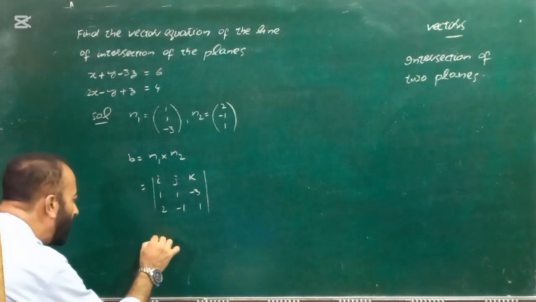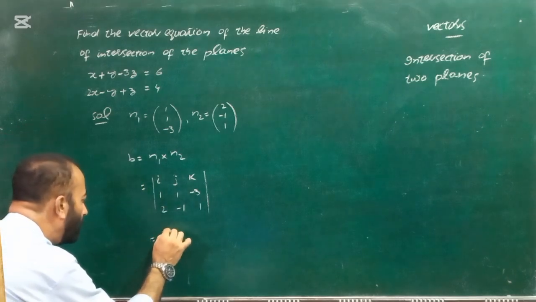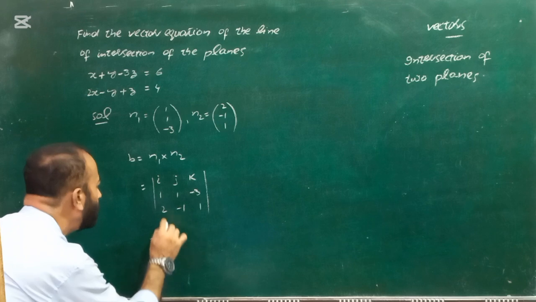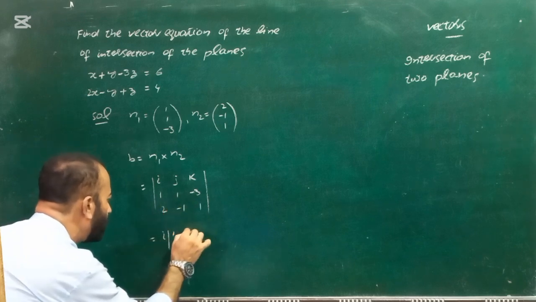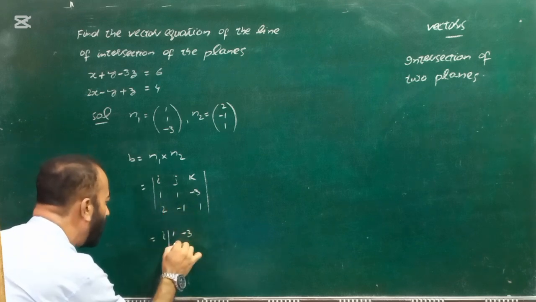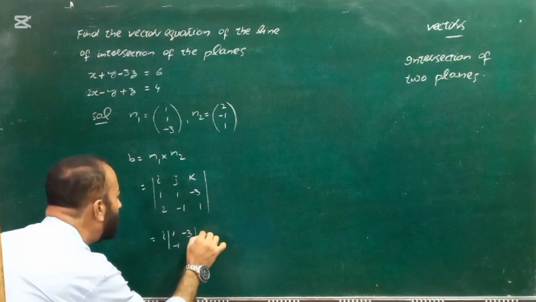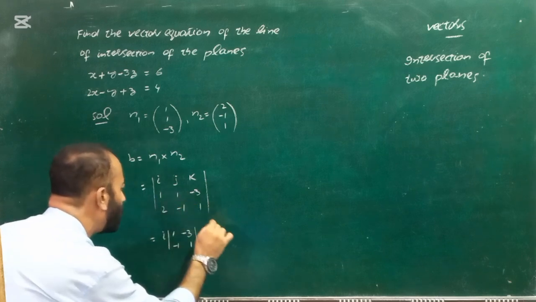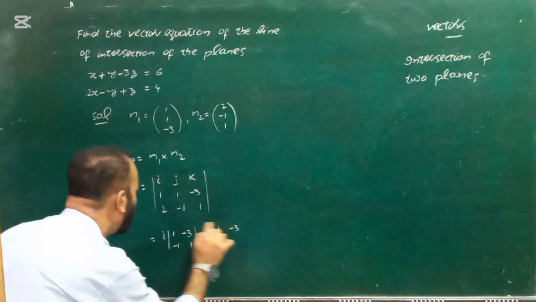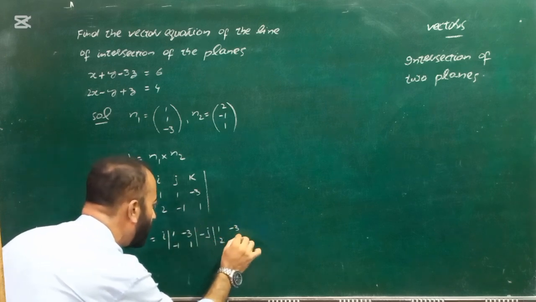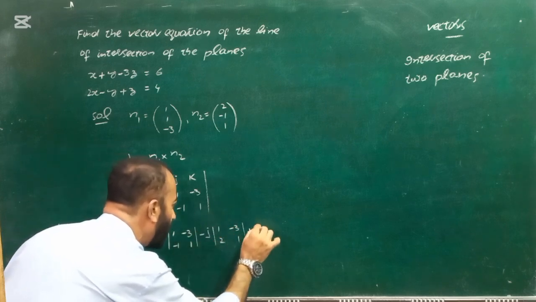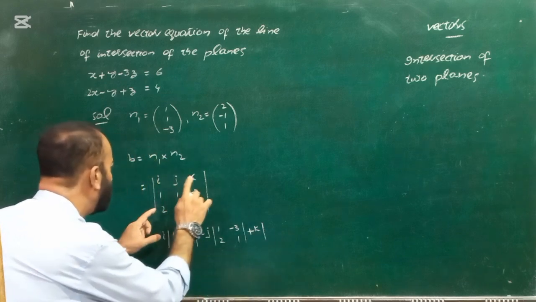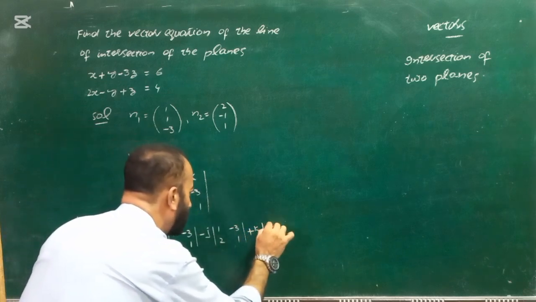From here, i times (1 times 1 minus minus 3 times minus 1), minus j times (1 times 1 minus minus 3 times 2), and plus k times (1 times minus 1 minus 1 times 2).